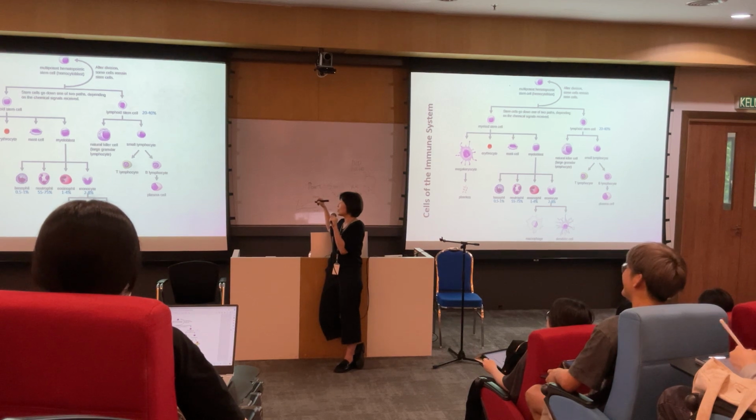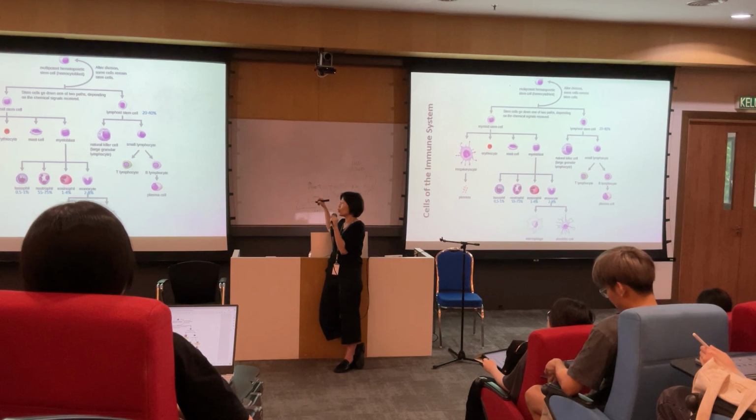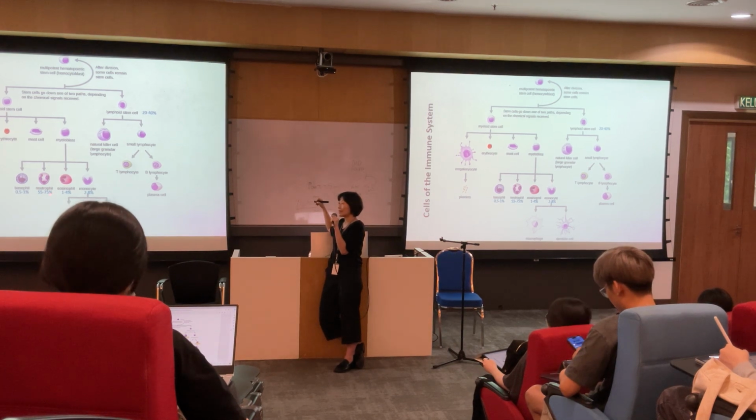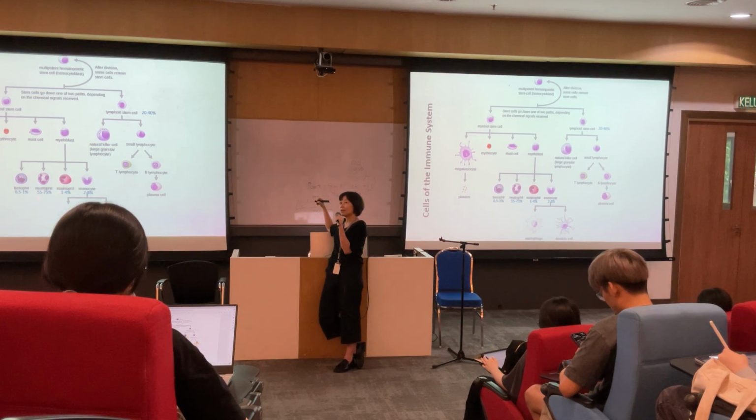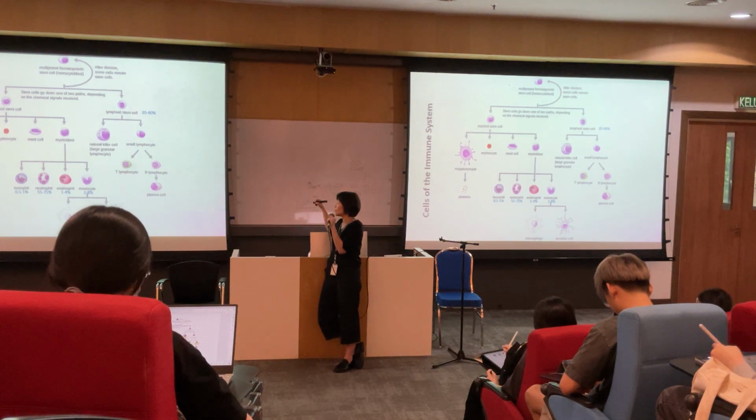Dendritic cells look like it because they are reaching out to catch pathogens. One more. There is another one, neutrophil, which is also a phagocyte. They can capture pathogens and kill pathogens. So basically neutrophil, macrophage, and dendritic cells.